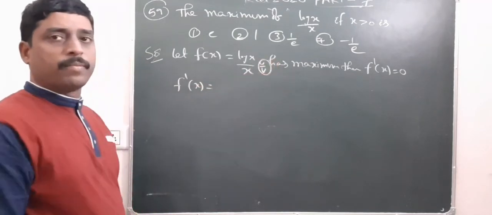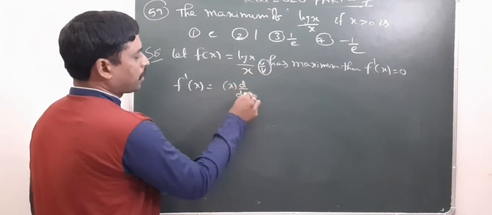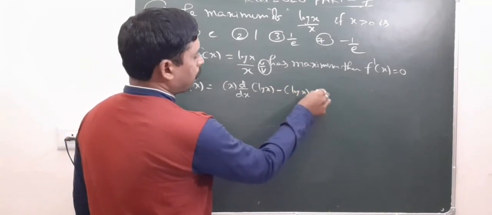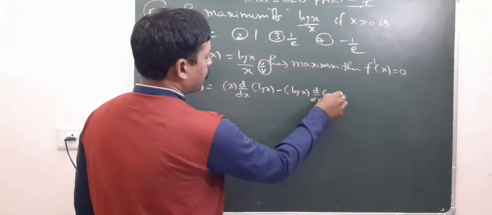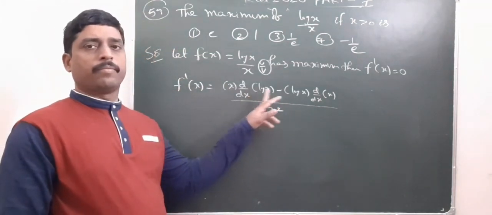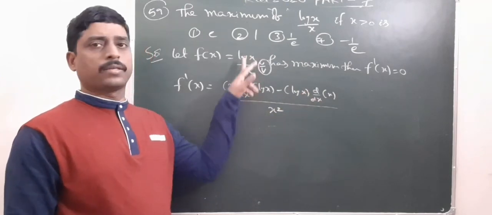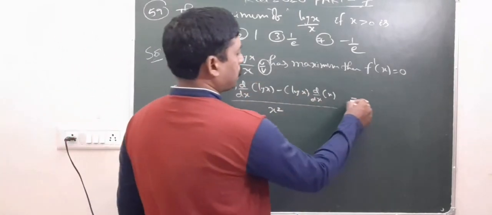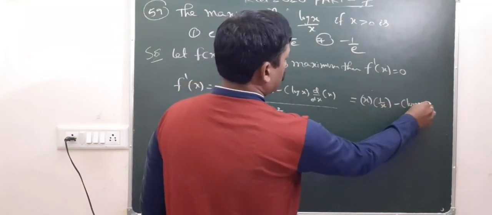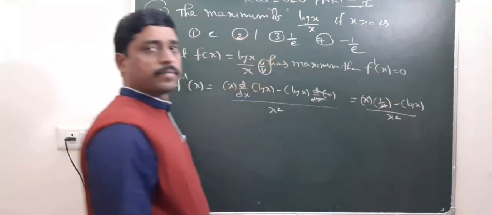What is the u by v formula? V into derivative of u minus u into derivative of v, by v square, where u is log x and v is x. This is x into derivative of log x, which is 1 by x, minus log x into 1, by x square. The x gets cancelled.